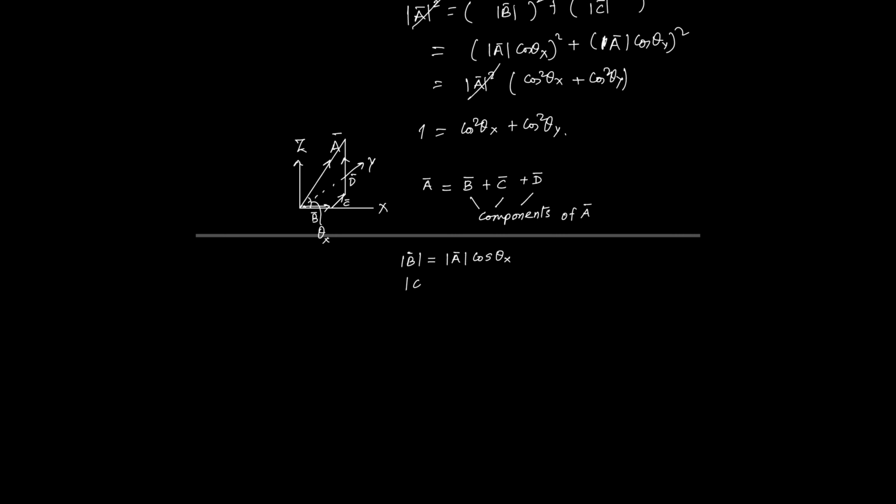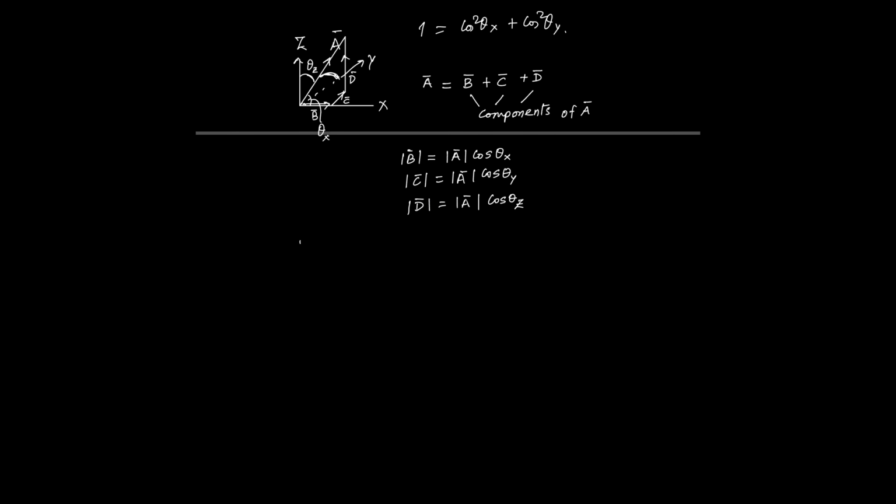Similarly, mod C can be written as mod A cos theta y, where theta y is the angle between A vector and y axis. So this angle is theta y. And similarly, mod D can be written as mod A cos theta z, where z axis makes theta z angle with A vector, like this.